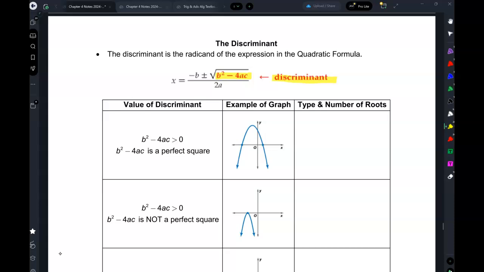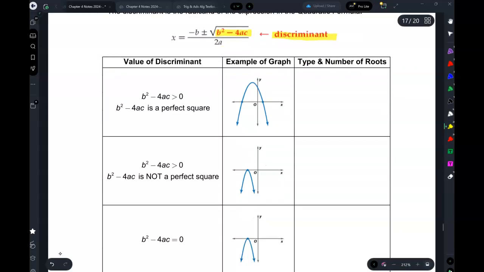We care about the technical language. It's not discriminate, it's not discriminatory, it's the discriminant. If you can learn all of the different language of whatever, you can learn discriminant. So it's b squared minus 4ac.